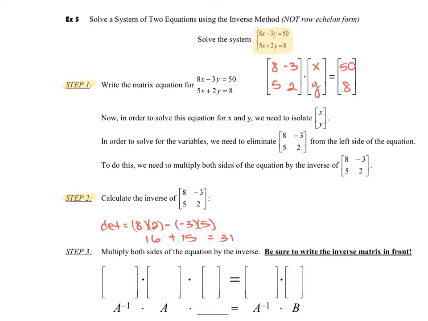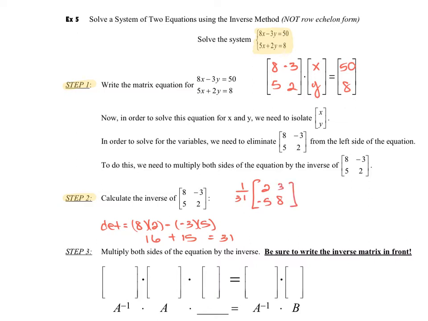So if I want to find my inverse, I have to remember to take the reciprocal of that determinant. So I'm going to do 1 over 31, and multiply it by the modified matrix. I'm going to reverse the first diagonal, so it becomes a 2 and an 8. And I'm going to change the signs on the other diagonal, so -5 and +3.